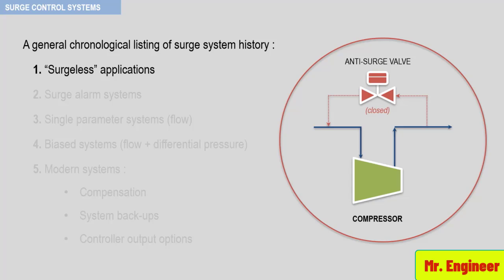The second system encountered in the industry has been surge alarm type systems. Again, the process designer assesses a particular system and determines that the possibility of surge is minimal. In addition, the application is such that a shutdown can be achieved without significant revenue loss.